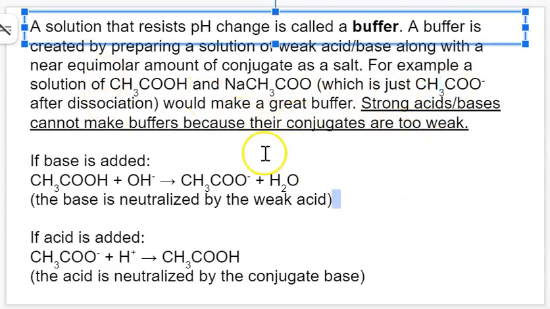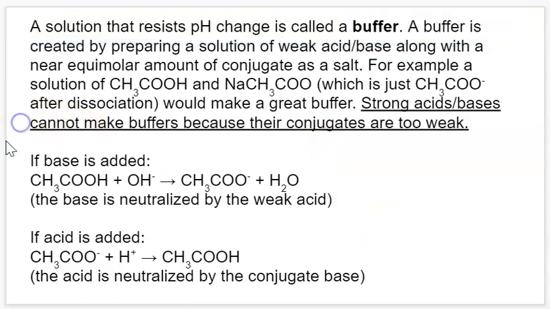And strong acids and bases do not work as buffers because their conjugates are too weak. Their conjugates are not going to be able to give up or accept protons or hydrogen ions. So for an example of how this works, say we're doing this acetic acid/acetate buffer where we have near equal amounts of both of these things.